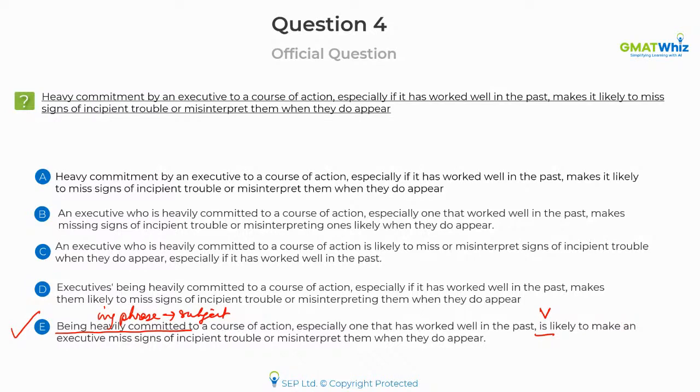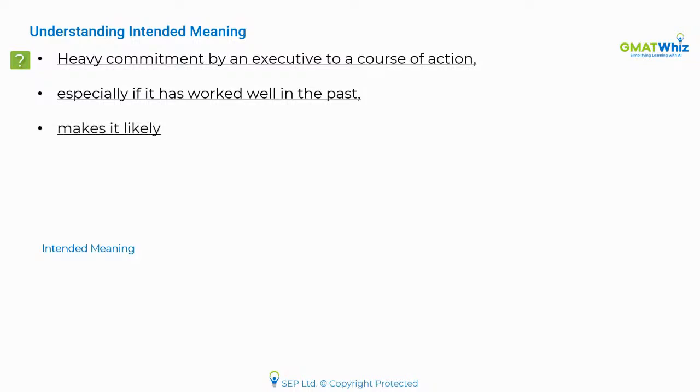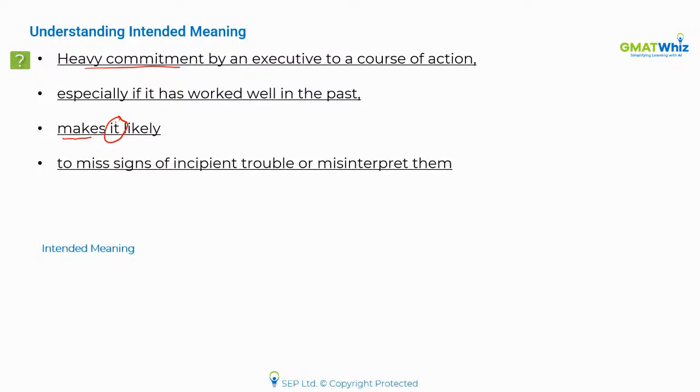If you analyze this sentence, the intended meaning was that if an executive is heavily committed to a course of action, especially if that action has worked out well, then the heavy commitment makes it likely to miss signs. Who is missing signs is probably the executives, but that is not mentioned here. So, miss signs or misinterpret them when they do appear.